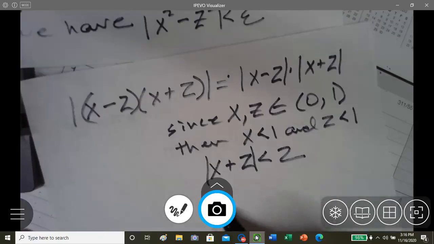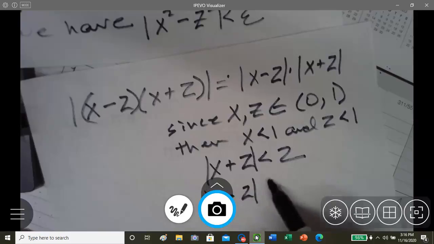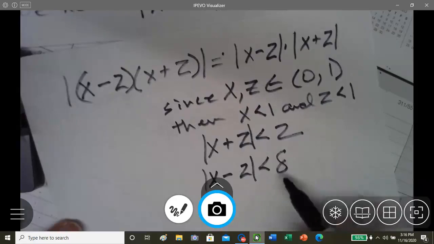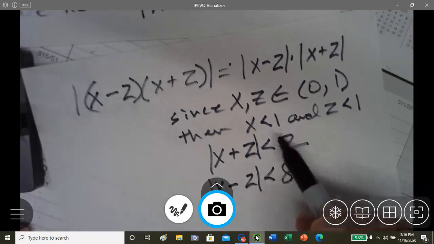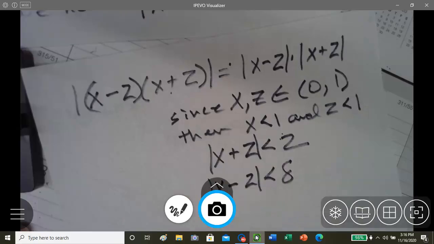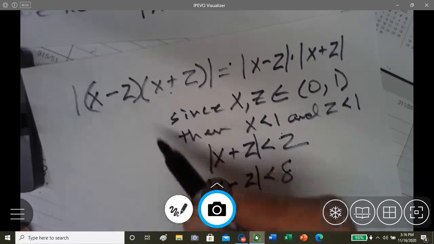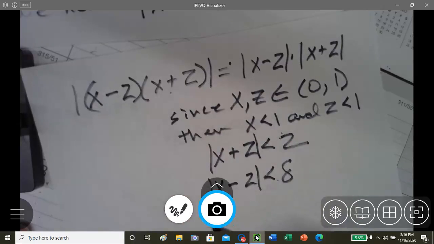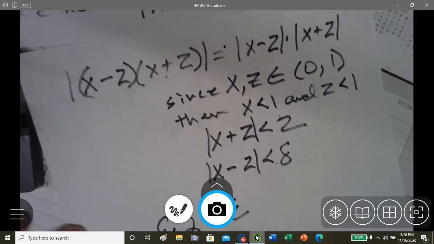And since the absolute value of x minus z is less than delta, we can substitute 2 in for x plus z, and delta in for x minus z, and all of that is less than epsilon. So 2 delta is less than epsilon.